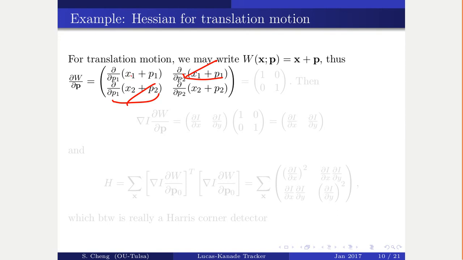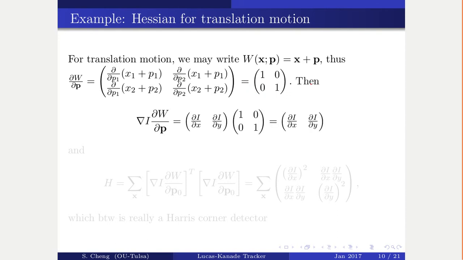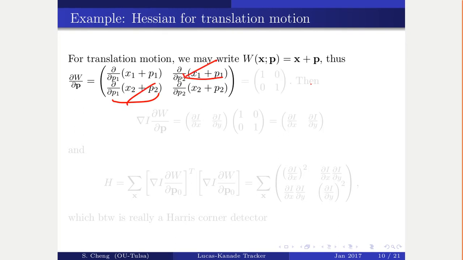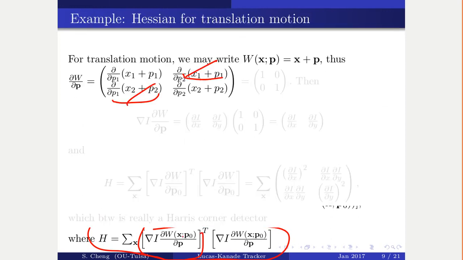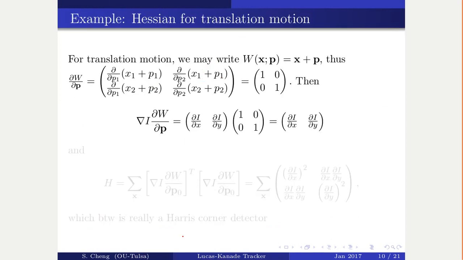And for this guy here, this derivative with respect to p1 is just equal to 1. So I have very nicely the Jacobian equal to an identity matrix. And then recall that we actually need this term here, delta I multiplied by the Jacobian, and for that this is simply equal to del I del x and del I del y.